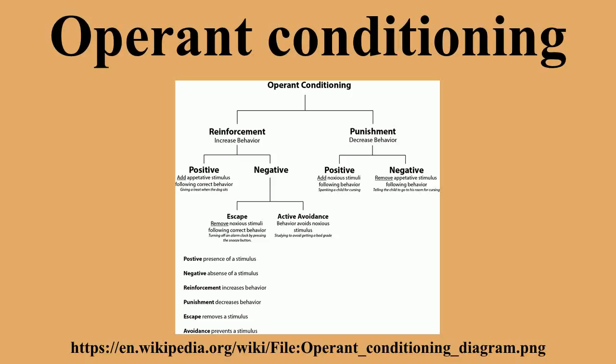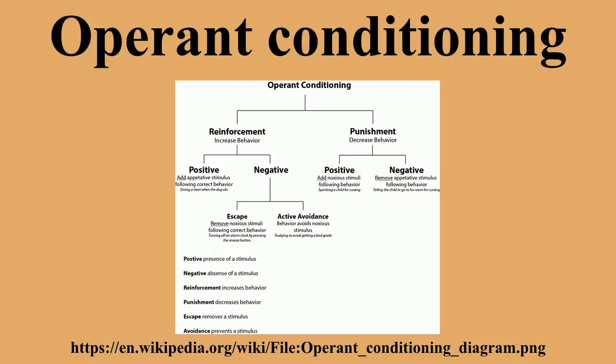The form of this behavior is then gradually changed across successive trials by reinforcing behaviors that approximate the target behavior more and more closely. When the target behavior is finally emitted, it may be strengthened and maintained by the use of a schedule of reinforcement.